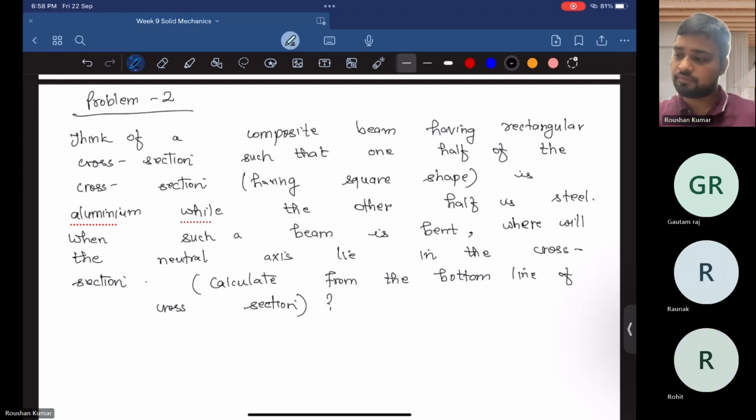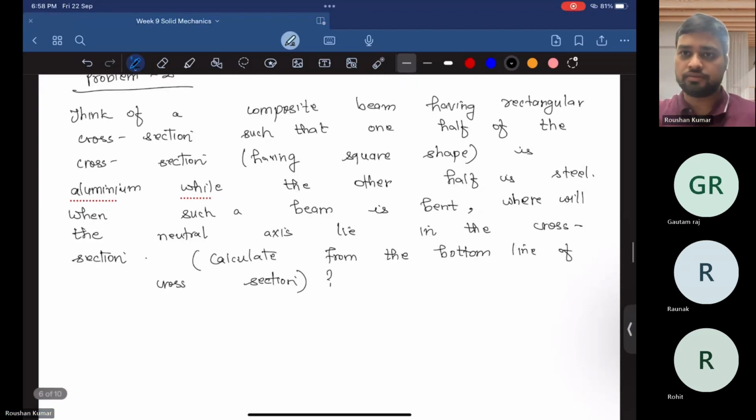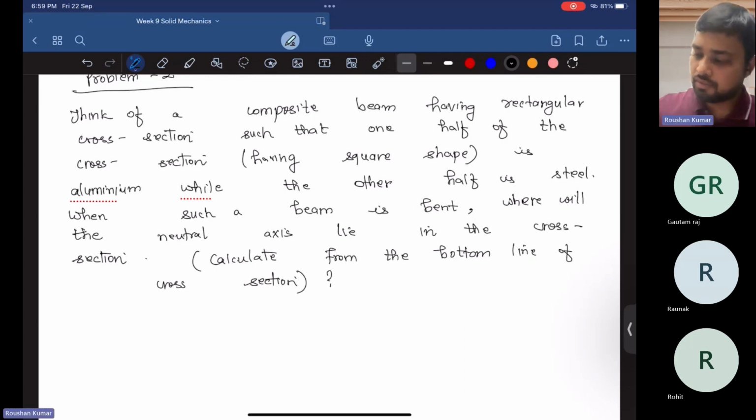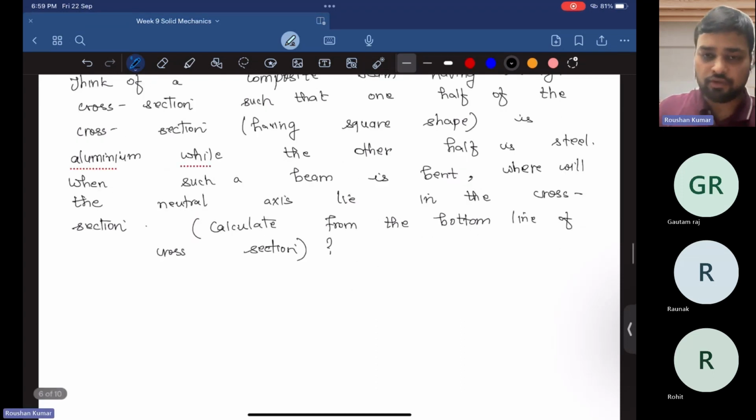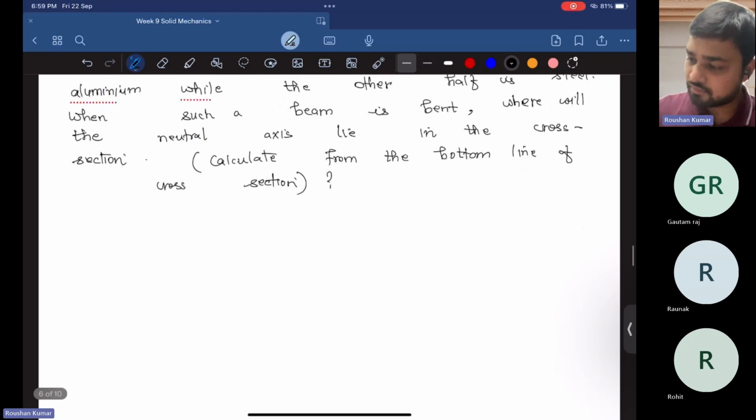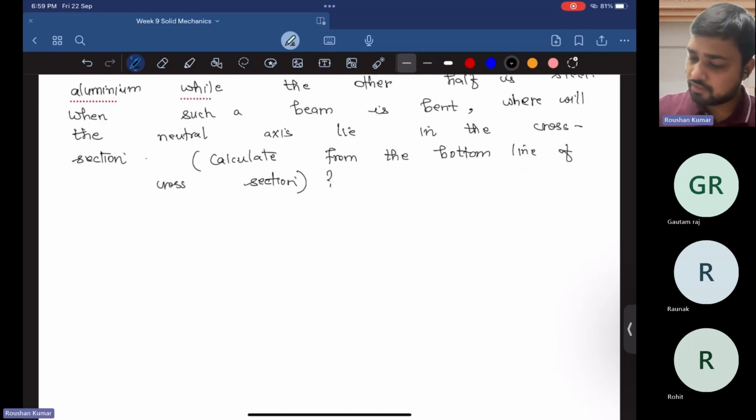Okay, so let's start. First I will draw the figure for this question. So we have a composite beam.